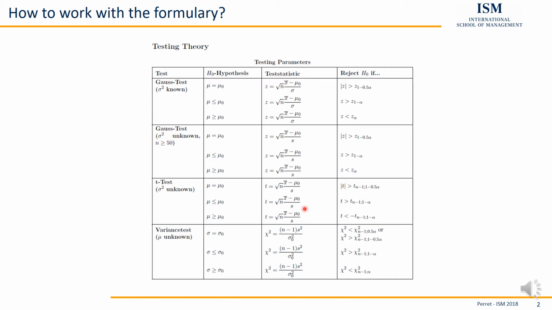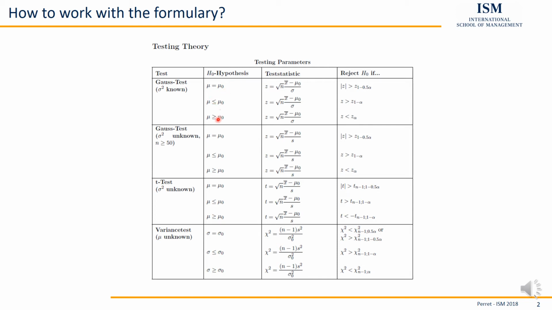In either case, if you look closely, the test statistic always looks, I wouldn't say the same, but pretty similar, because independent of whether you do what's in the first, second, or third row, it's the same thing. Before I go into this, the first row in each of the three cases is always the two-sided version, meaning our mean is different or the same with regard to the testing value.